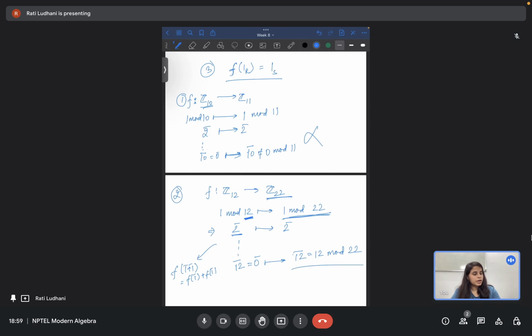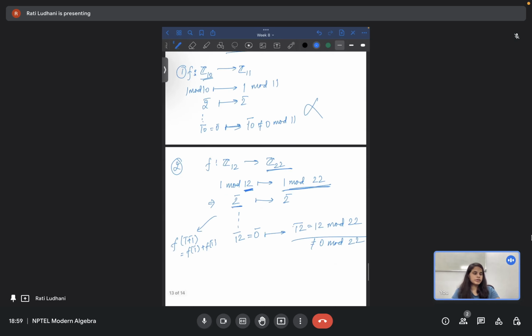So this is mapping to 12 bar, which is clearly not equal to 0 mod 22. This is again creating a problem, so this is not a ring homomorphism, and you cannot have any ring homomorphism in this case.